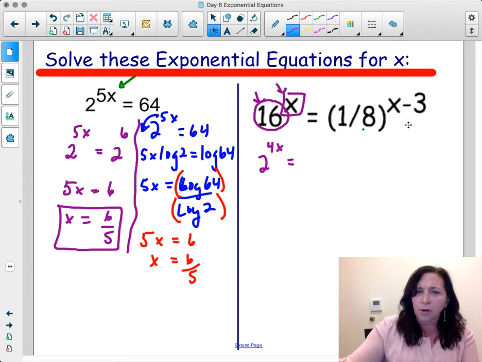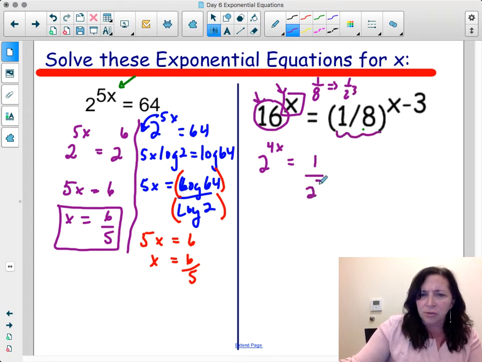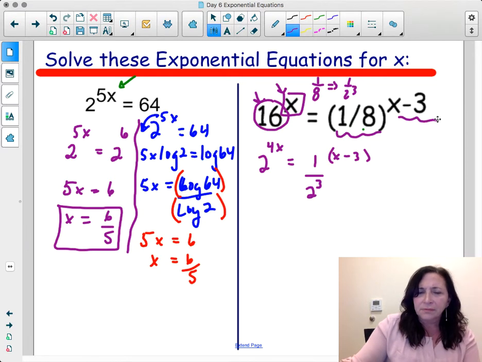Okay, and then 1/8. So let's remind ourselves, 1/8, that's the same thing as saying 1/2 to the 3rd power. So really, this right here, we're going to rewrite that as 1/2 to the 3rd power. And all of that is to the x minus 3 power. See, that's going to stay up there.